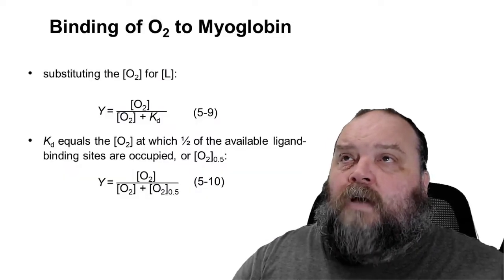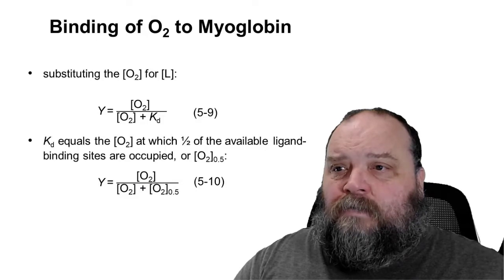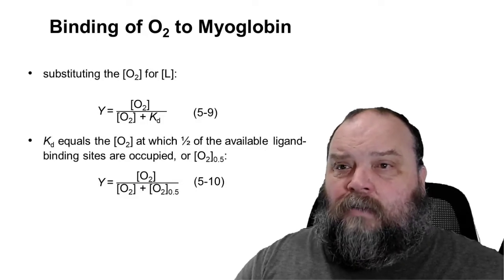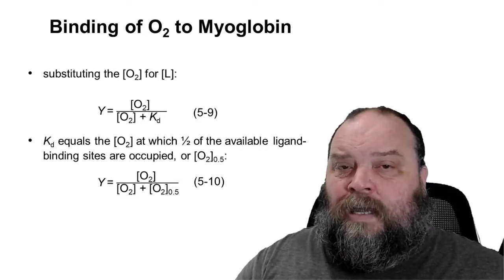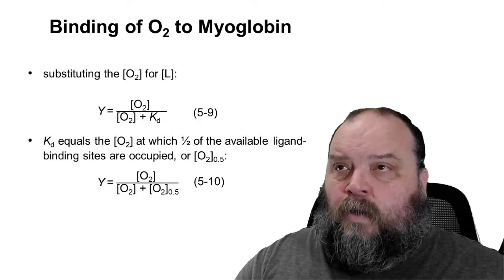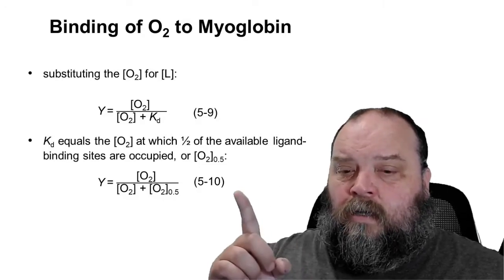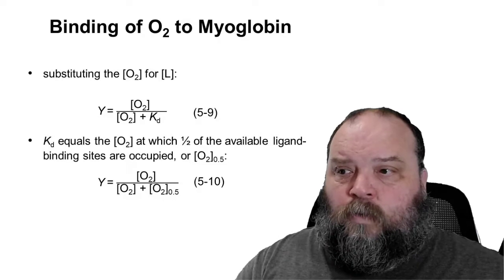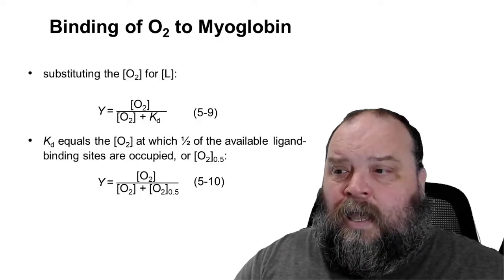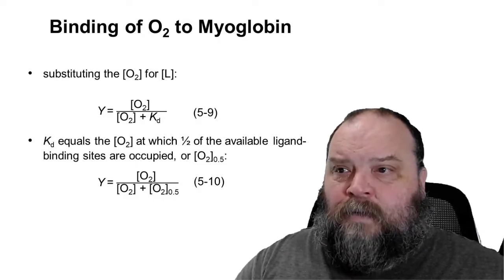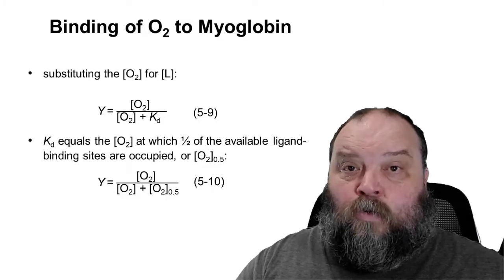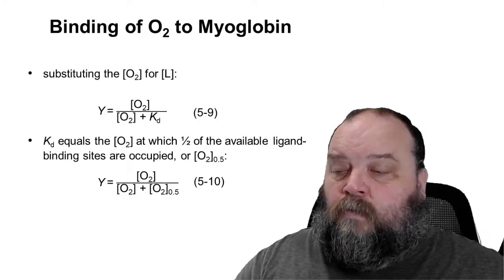All right, so we've talked about the dissociation constant of some P and L. Now let's put something in there for L. We're going to substitute in oxygen, because we're going to talk about myoglobin. How tightly bound is that oxygen to that iron group in the middle of that porphyrin ring?